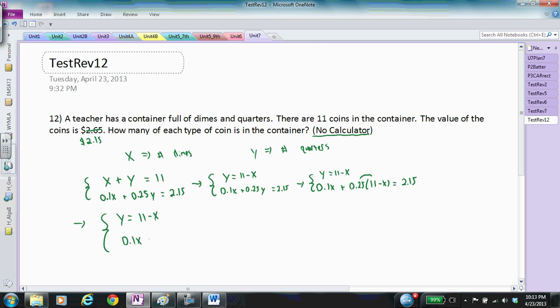That's like 11 quarters. 8 quarters is $2 plus 3 left over. So that's $2.75. And then minus 0.25x equals 2.15. So when I combine like terms, in the bottom equation, I get negative 0.15x plus 2.75 equals 2.15.